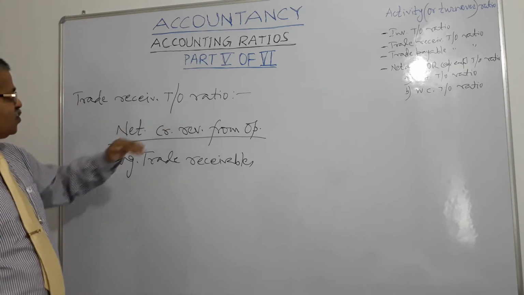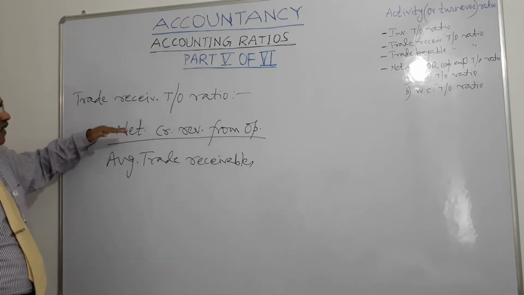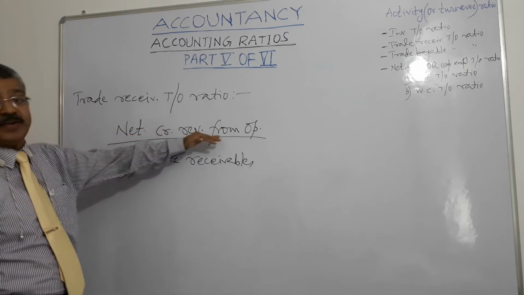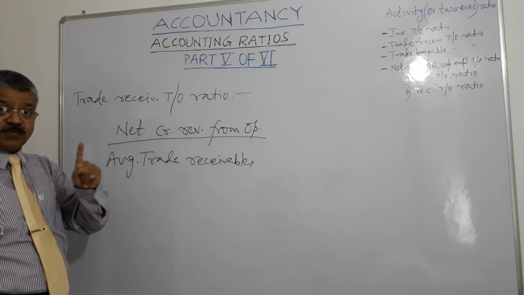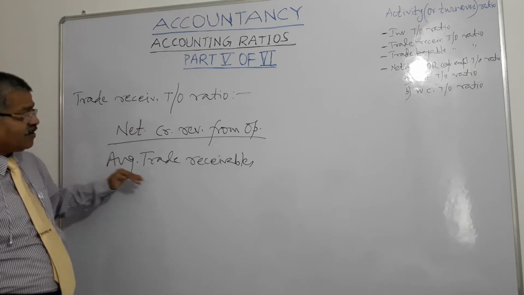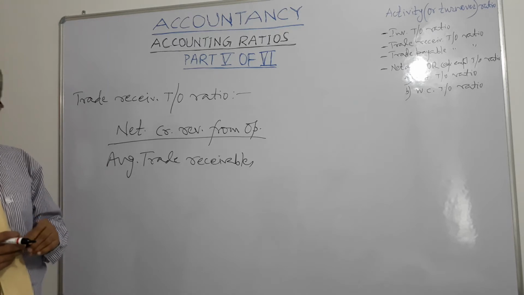Net credit revenue from operations, credit revenue because we are talking of receivables, divided by average trade receivables, right?